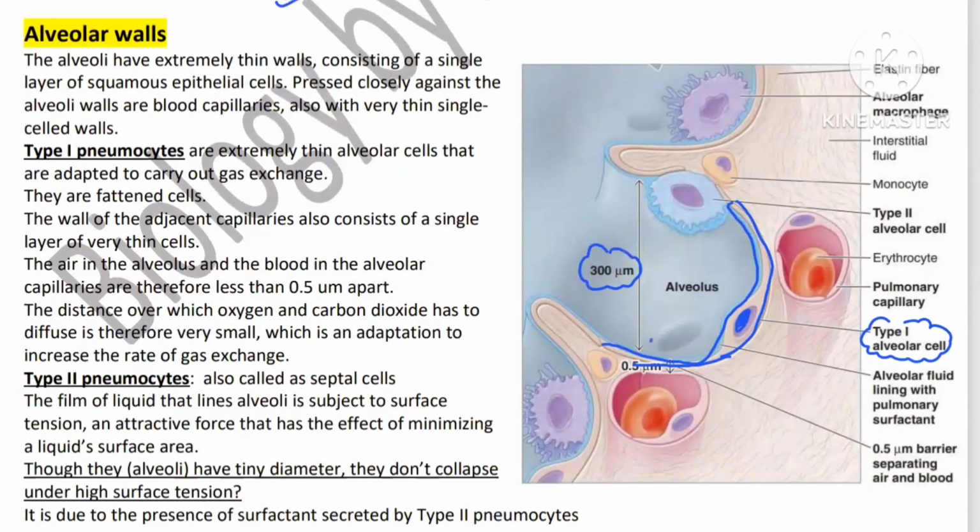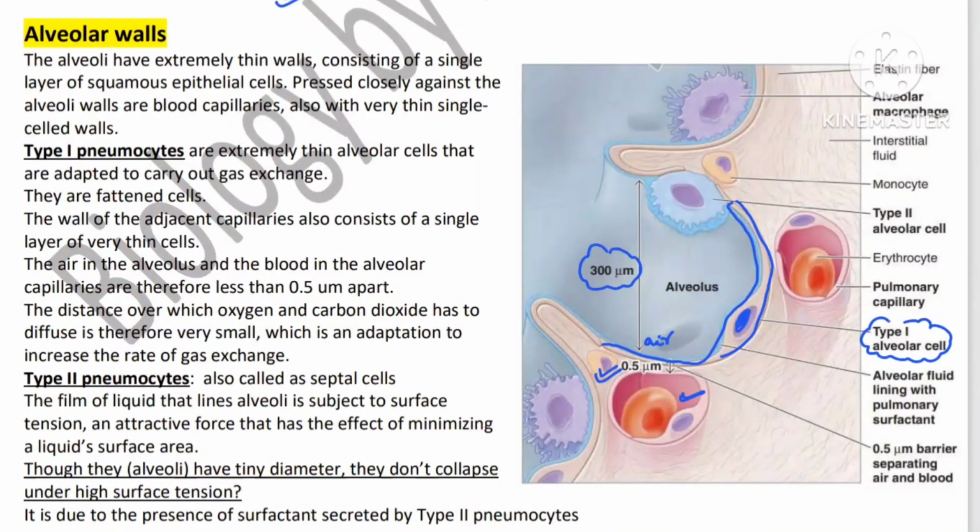And I told you right now the diameter of alveoli is 300 micrometers. And if you see the air which is present here, and this is the blood capillary, the distance between the air and blood capillary is only 0.5 micrometer. Clear, beta? You can see it is only 0.5 micrometer. So the distance between the blood and air is very small.